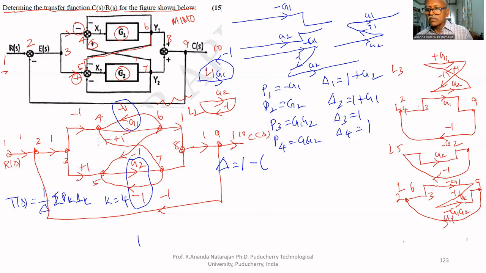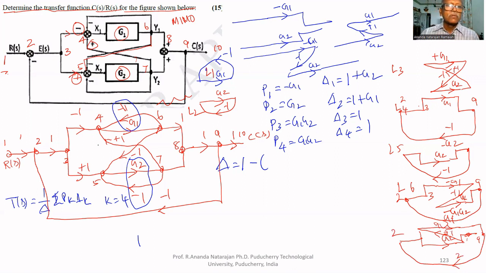L7 starts at 2. It goes to minus G2, then it goes to G1. This is plus 1. Then G1. It comes to 9, then feedback to 2. This is G2.